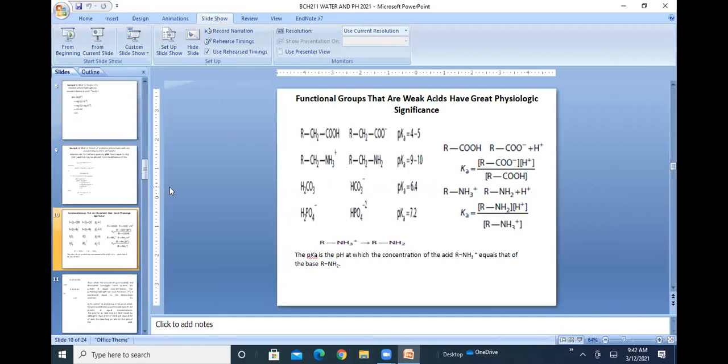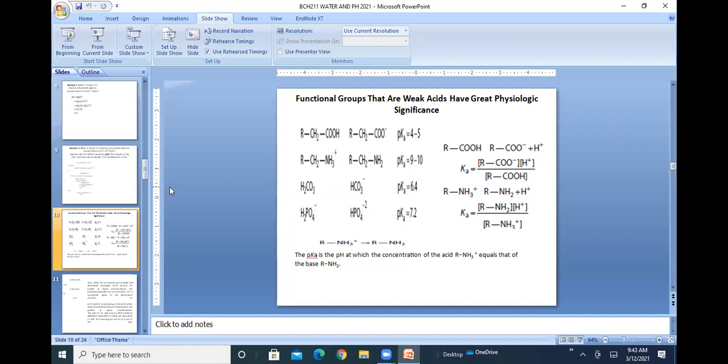So I said something about the pK being the pH at which the concentration of acid is equal to the concentration of base. Essentially, when you have the two at equimolar concentration, there will be a point when the acid dissociates into conjugate base.